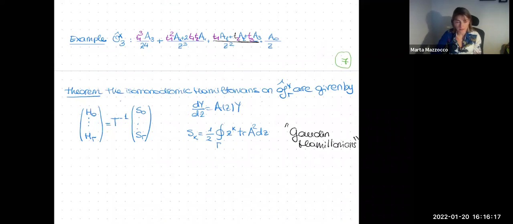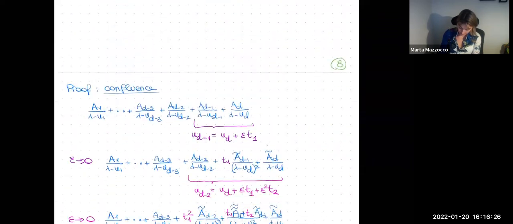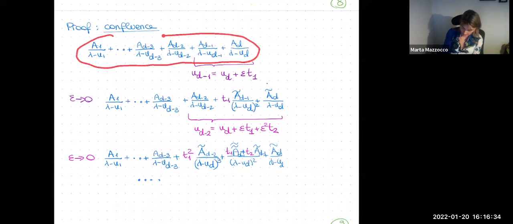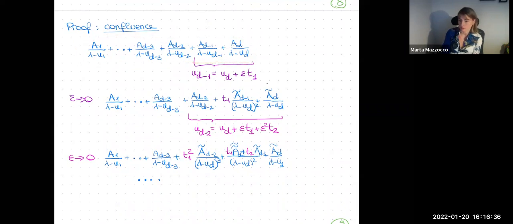The reason why I'm giving you the idea is because it also explains in what sense we talk about confluence. The basic idea is that, as I said, in the case when we have systems with simple poles, everything is understood. We know how to deform them. We know how to write the Hamiltonians.